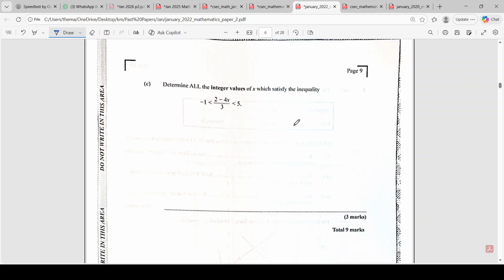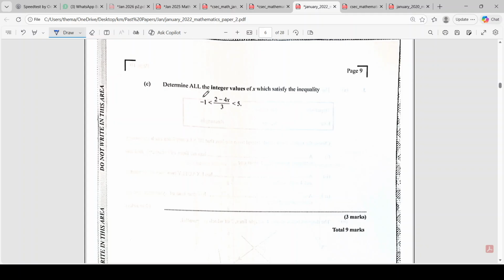Right, so the last question is an inequality. This is a double inequality. So I don't know if you remember how to deal with double inequalities. When we have a double inequality to work, we're going to transpose or carry this 3 across on both sides at the same time, right?